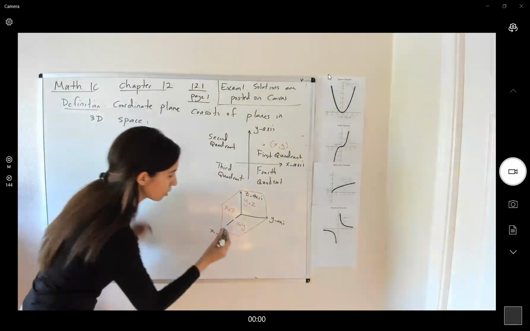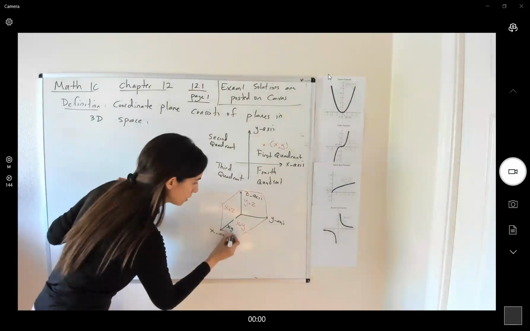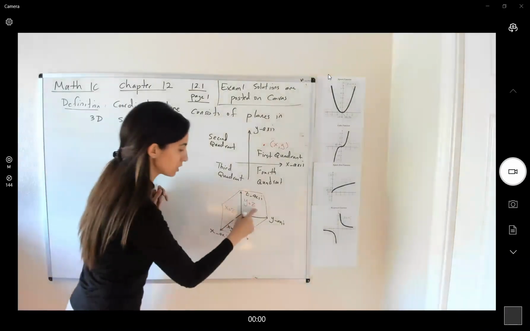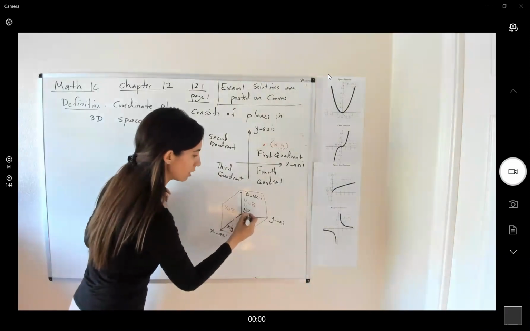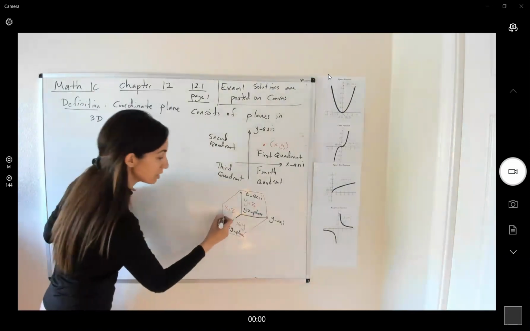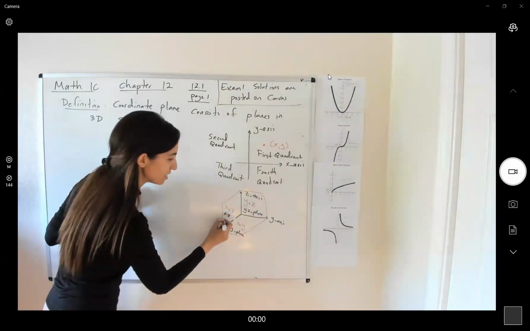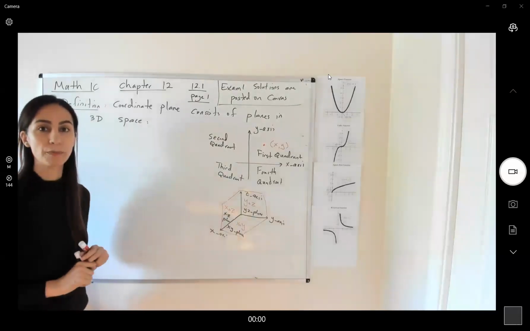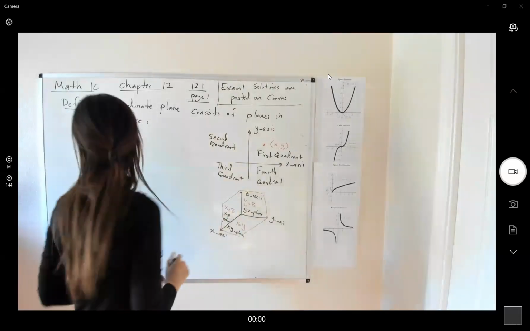XOY is also called XY plane. YOZ is also called YZ plane. XOZ is also called XZ plane. These form 8 octants.